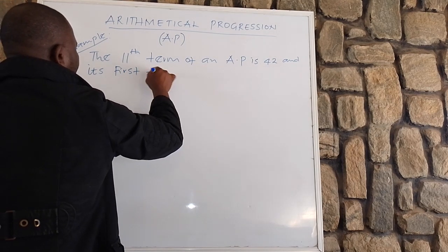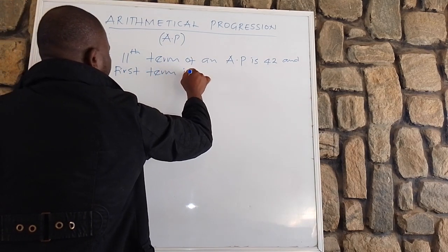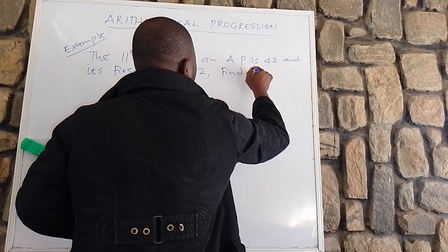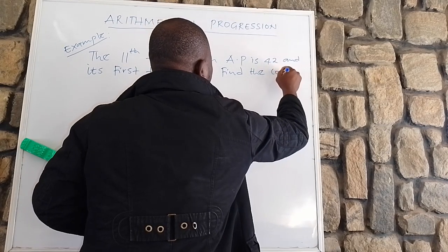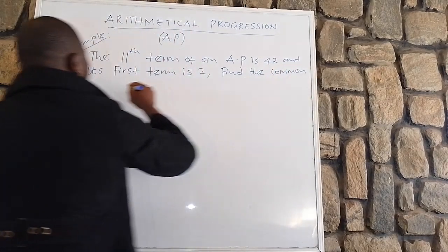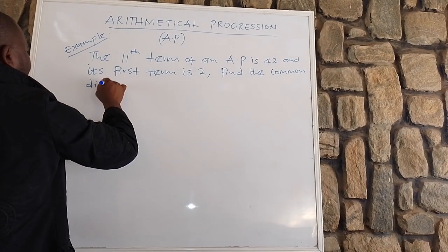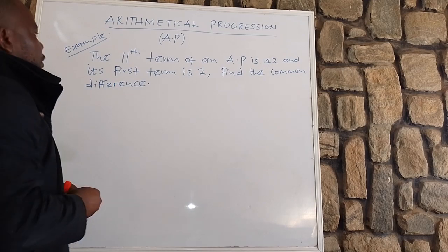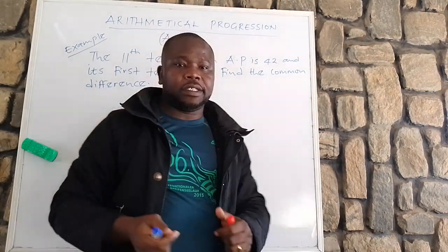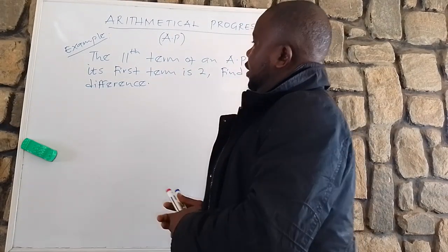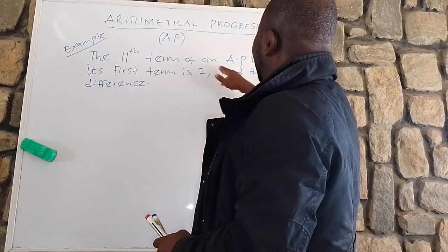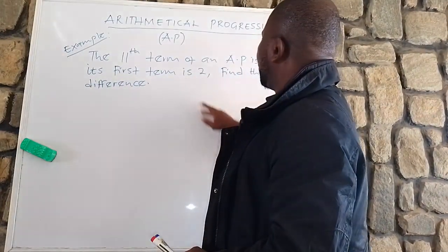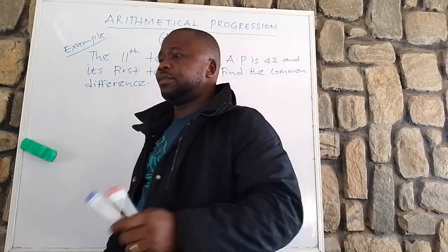The 11th term of an AP is 42 and its first term is 2. Find the common difference. It's simple as ABC.